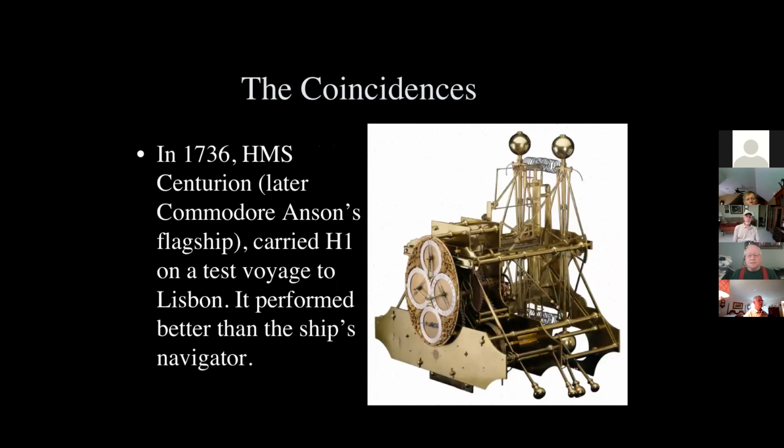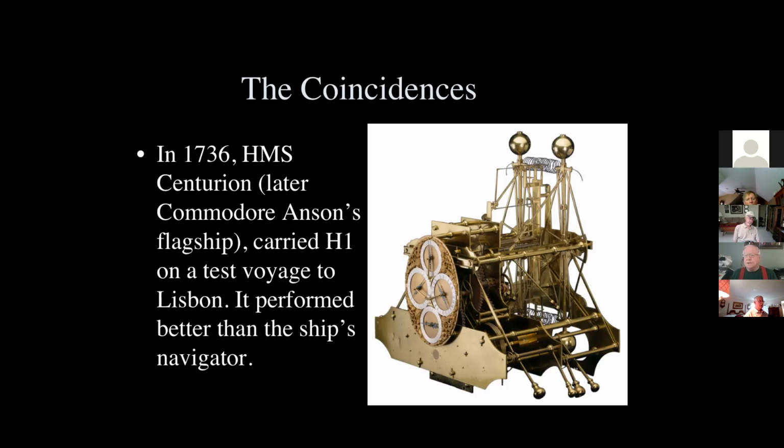So there's some coincidences that I mentioned at the very beginning, which I think are kind of telling. In 1736, HMS Centurion, which was Commodore Anson's flagship for this trip in 1740, carried H1, Harrison's first chronometer, on a test voyage to Lisbon in Portugal, and it performed better than the ship's navigator did over that trip.